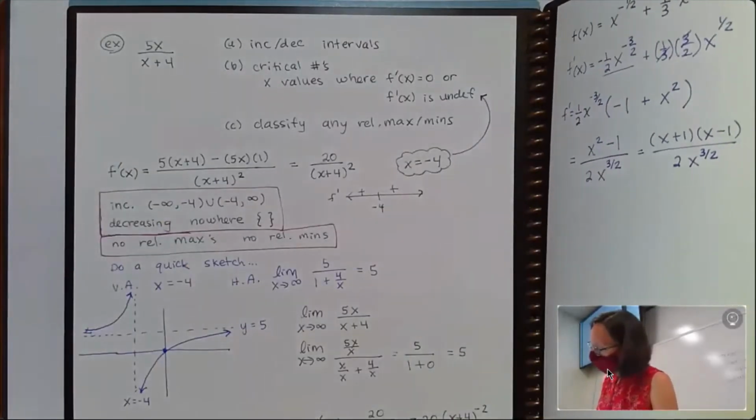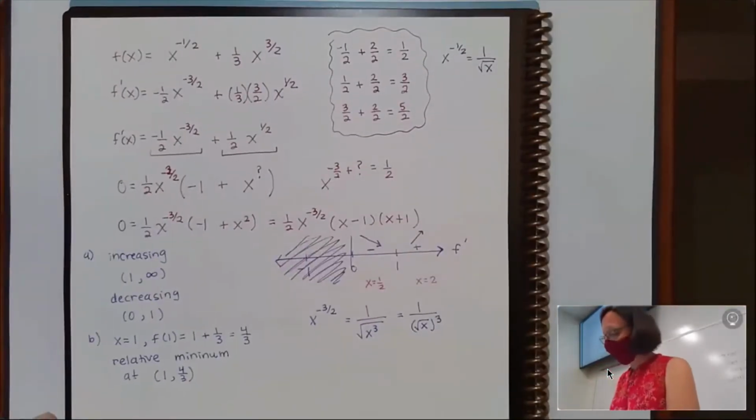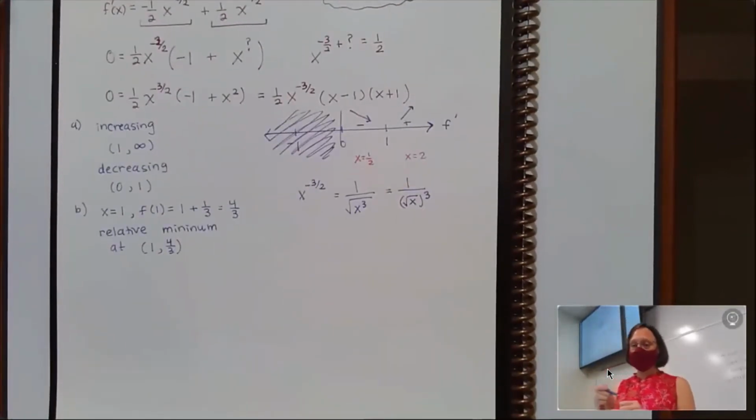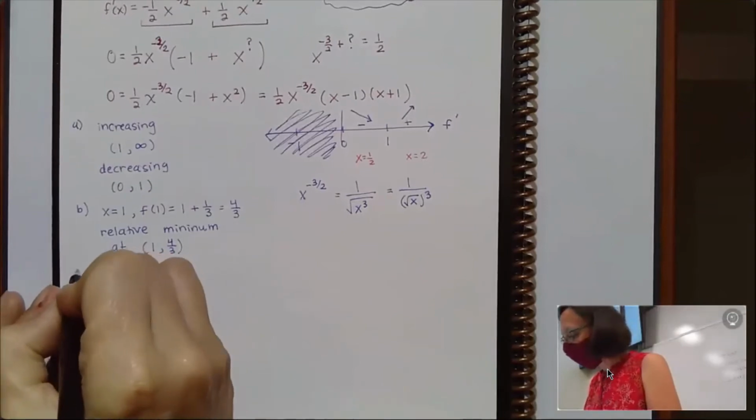I think the next part, we were going to figure out concavity, which means we're going to need to take a second derivative. We've got choices of which version of our derivative to use to find the second derivative, but I would actually go all the way back up to the not factored version.